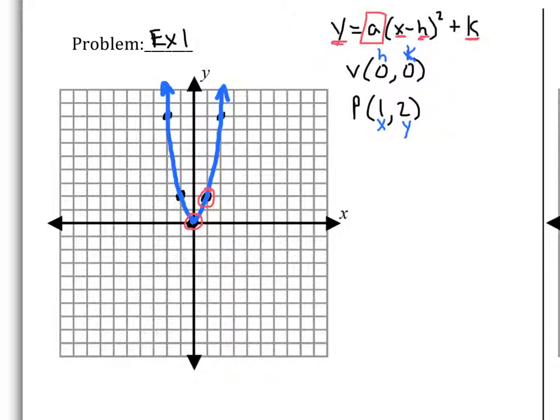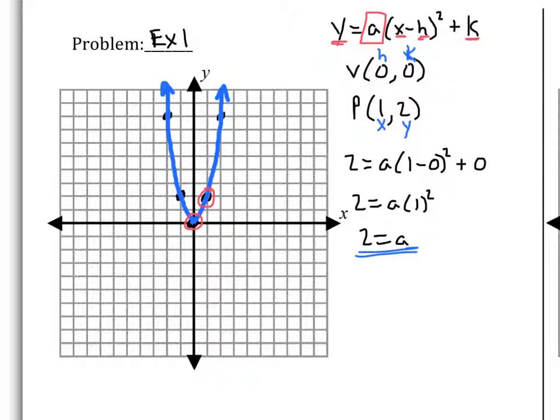So therefore, 2 equals a times 1 minus 0 squared plus 0. So 2 equals a times 1 squared is what we have. Well, what is 1 squared? 1. What's 1 times a? A. So a must equal 2.